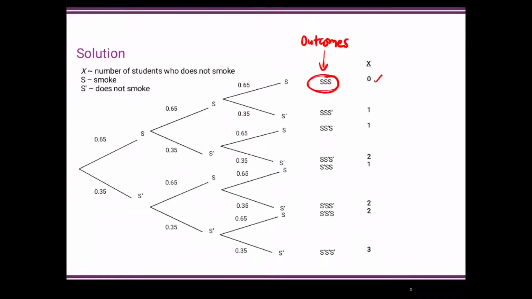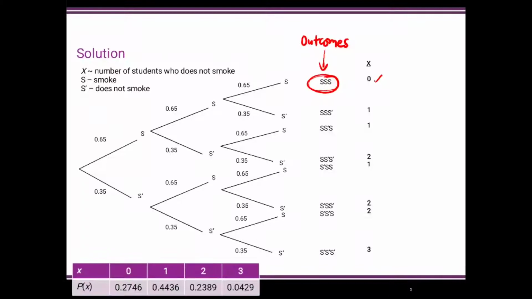From this tree diagram, we can construct the probability distribution. As you can see, for a binomial distribution, the probability value is unchanged.